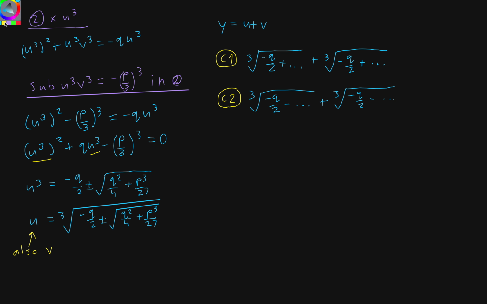And then the last case is where the plus or minus are opposites. So you're going to have the cube root of negative q over 2 plus blah blah blah, and then plus the cube root of negative q over 2 minus blah blah blah.